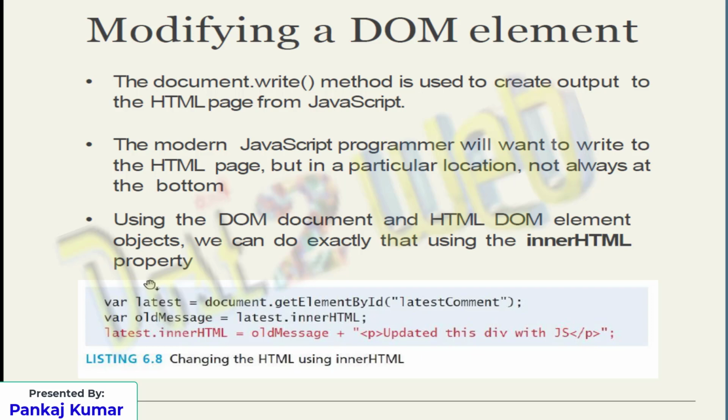Okay. Now the variable, like you can see in the example, I am defining a variable like latest. Just now we have defined an ID for the division tag. Then I am defining here document.getElementById. That means you are going to get the latest element. Now what you have to do? Now you have to print somewhere, right? Then you need some variable. Then again I will take the variable.